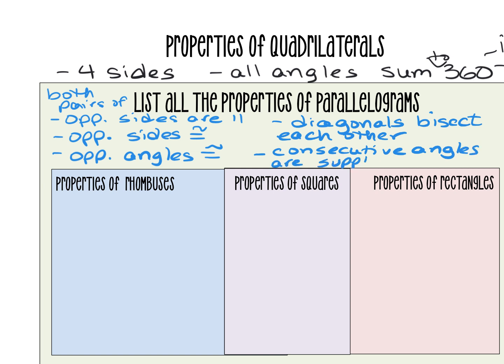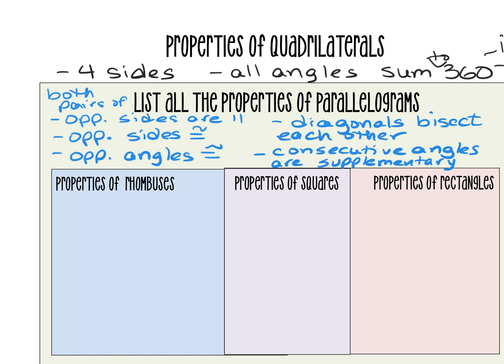These are all the properties of a parallelogram. And it also has the general properties of the quadrilateral, that it has 4 sides, and all angles, both interior and exterior, will always add up to be 360.